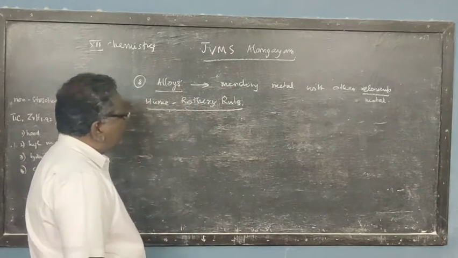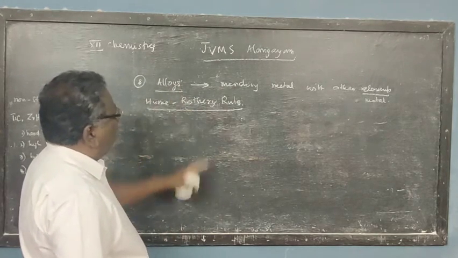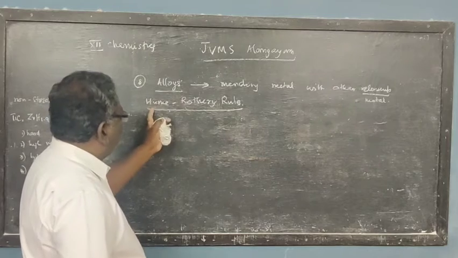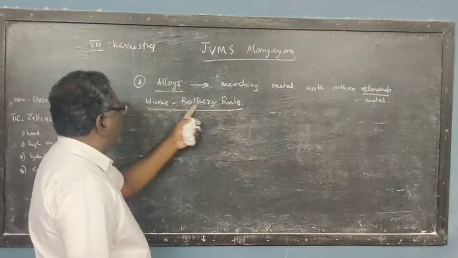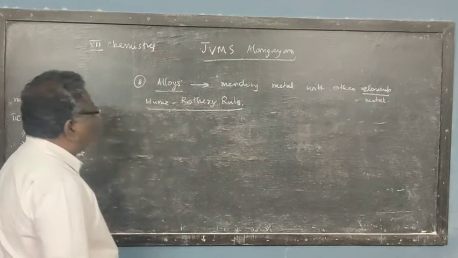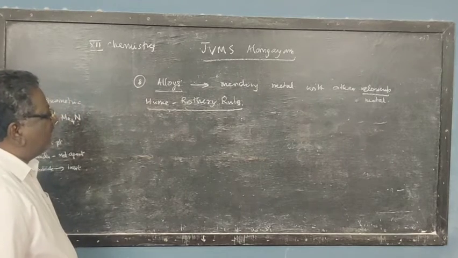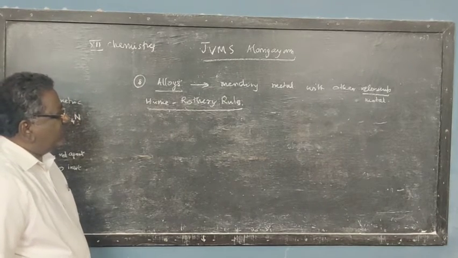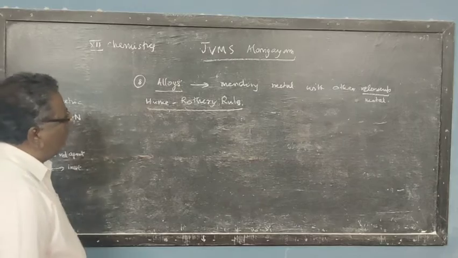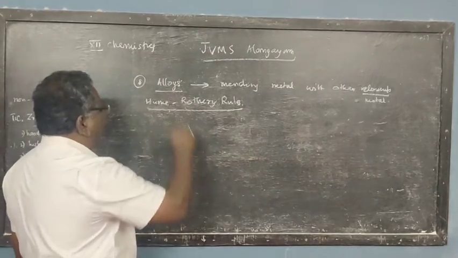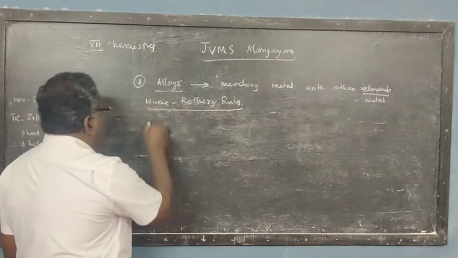So, to form a very good alloy, we have the rules which are framed by Hume-Rothery, right? Hume-Rothery are the scientists who made certain rules for making very effective alloys, right?